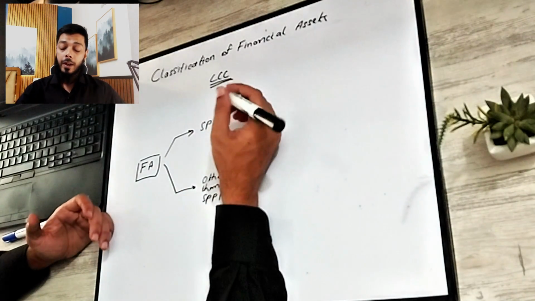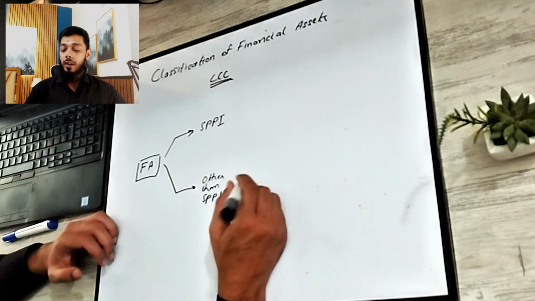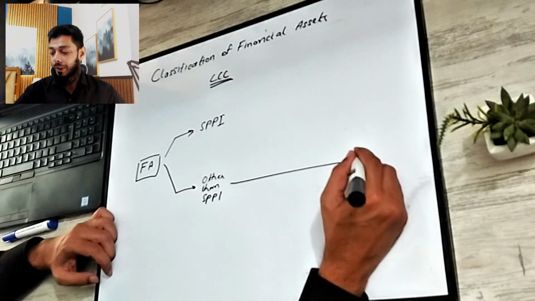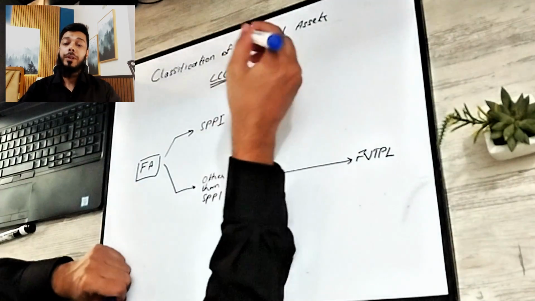Otherwise, it would be an SPPI. And if the financial asset is other than SPPI, it will have to be classified as fair value through P&L. But if that financial asset is SPPI, it will have to go through one additional test, which is called the business model test.